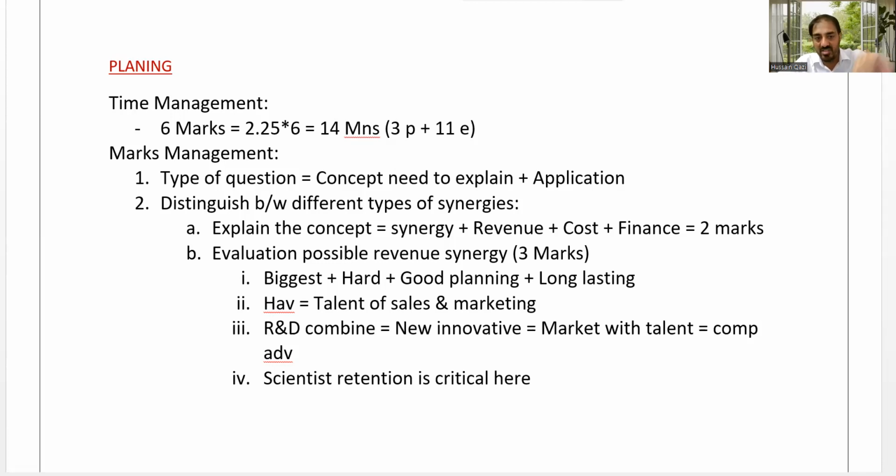They are happy with this. So scientist retention is critical here, and care needs to be considered here.